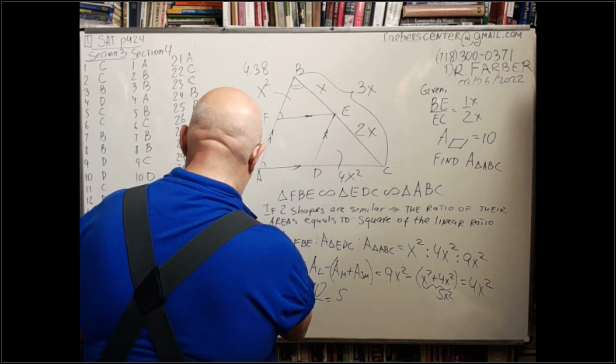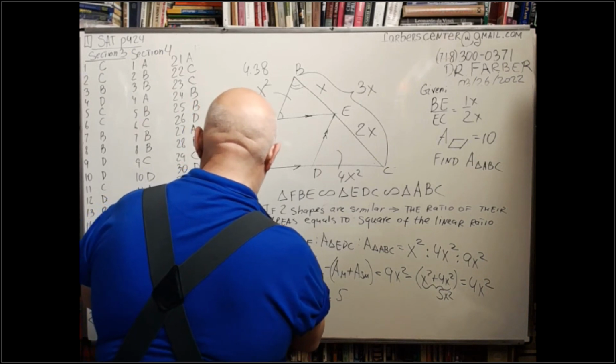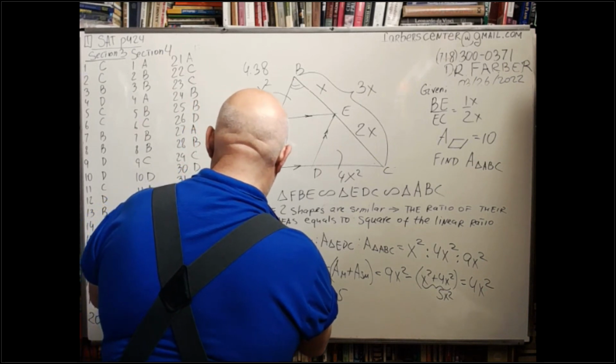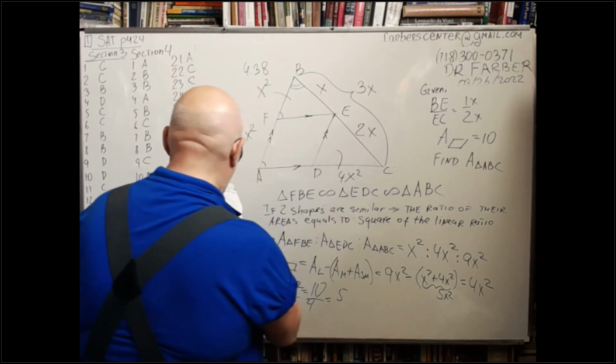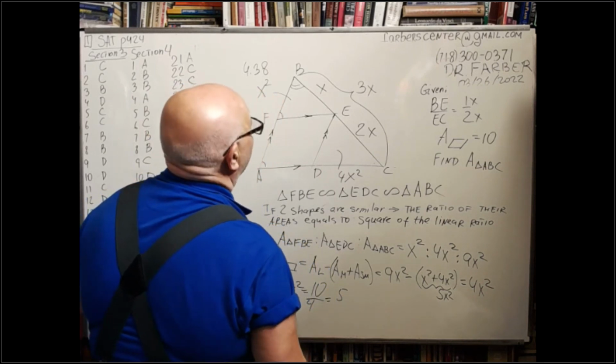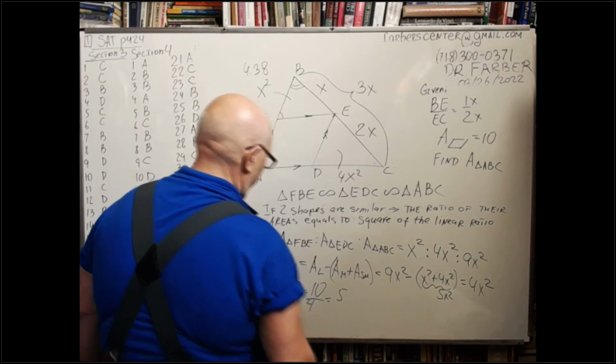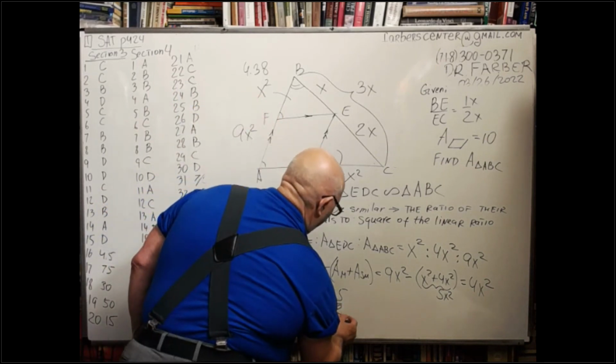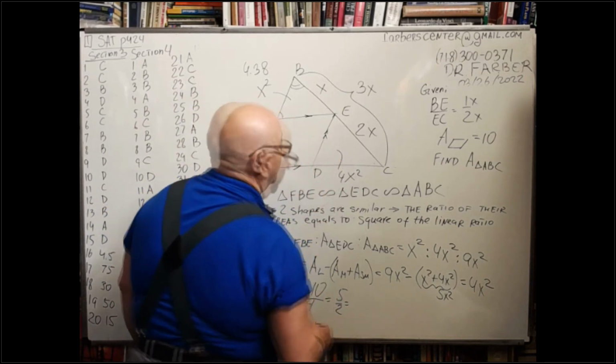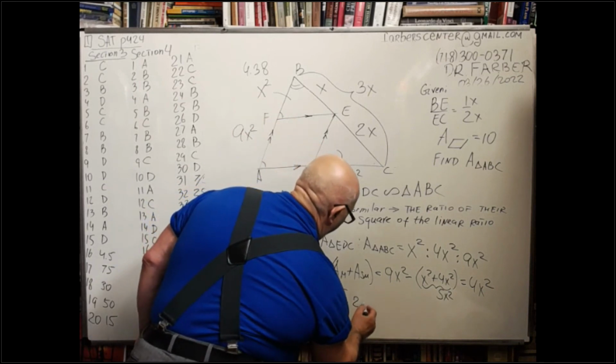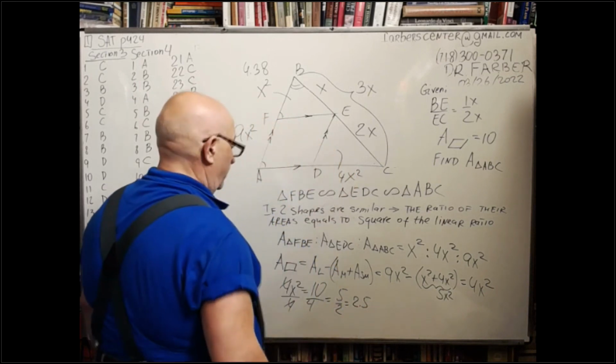Look at this. If area of parallelogram is 10, okay, what triangle do they ask you to find? ABC, big one. x squared is 5/2, which is 2.5. Now the very last step.